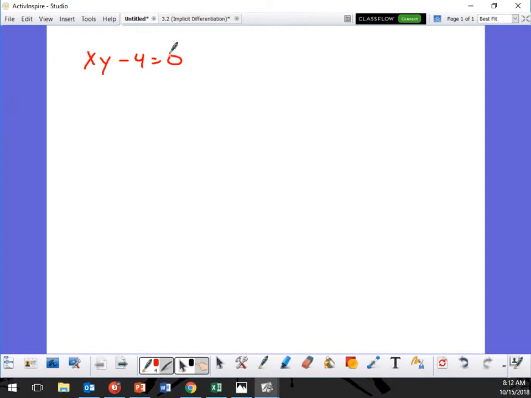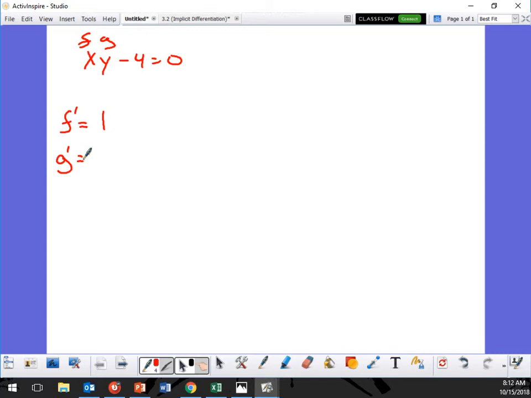Now it's going to be a product rule. If this is f and this is g, f prime would be 1. g prime would be 1, but we're taking the derivative in terms of something that's not x, right? So we need to actually state we're taking the derivative of something that's not x.